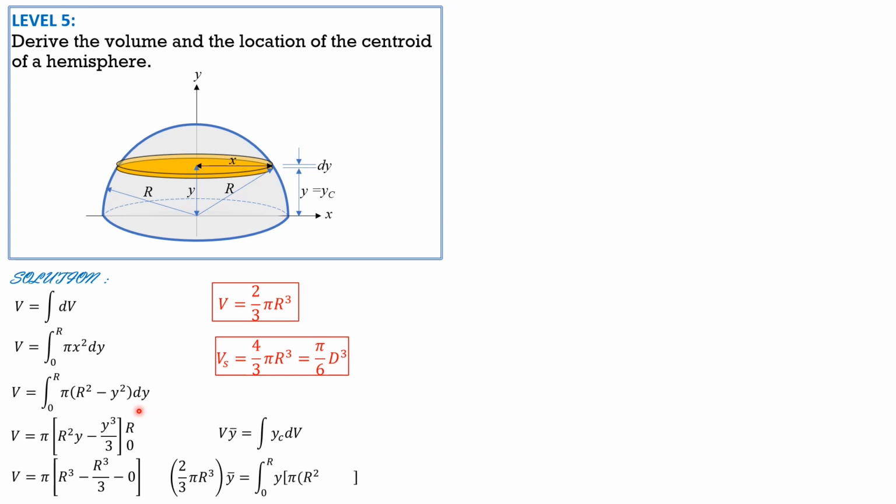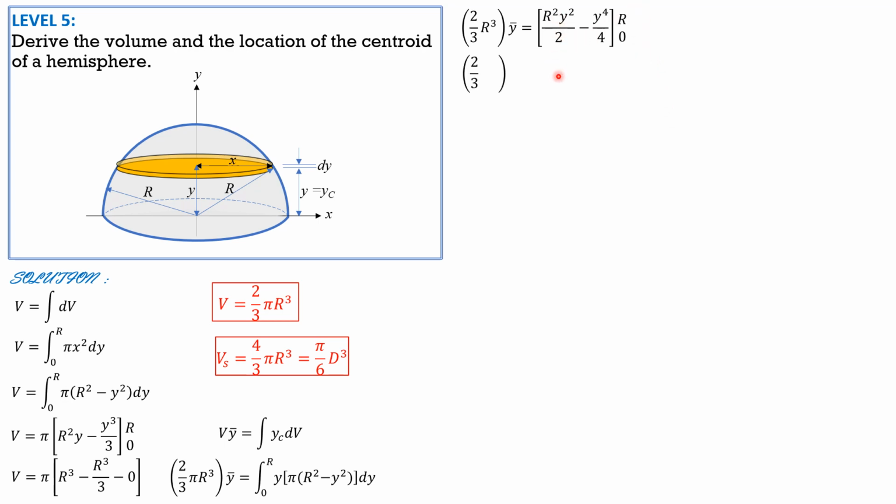Differential volume is pi times the quantity R squared minus y squared dy. If we cancel out pi, then we have 2/3 R cubed y bar equals the integral of R squared y minus y cubed. So the integral of the first term, R squared y, is R squared y squared over 2. Then the integral of y cubed gives us minus y to the fourth over 4, from 0 to R.